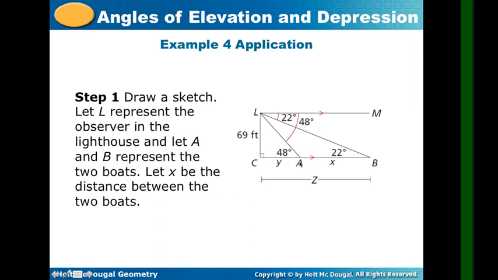So, we have first boat, ito, tsaka second boat. Using this one, ang measurement niya is 22 degrees. Kasi, angle of depression niya is 22. So, using alternate interior angle, 22 din to.